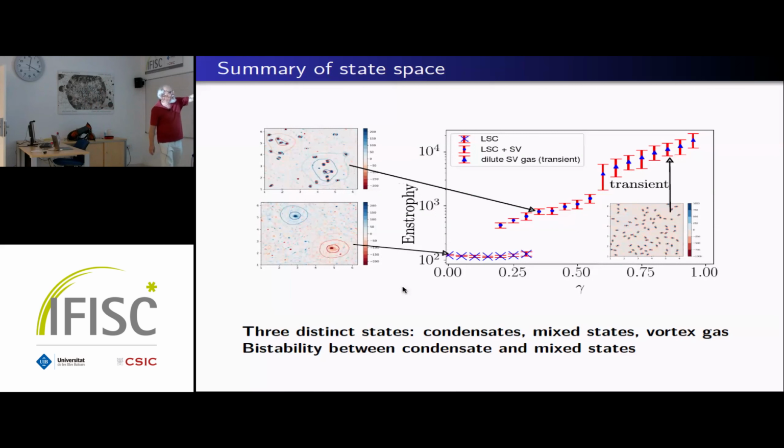There's hysteresis there. And then finally, this kind of envelope that collects all these small scale vortices breaks down, and you get a state without the large scale structures, which I'm calling a vortex gas.